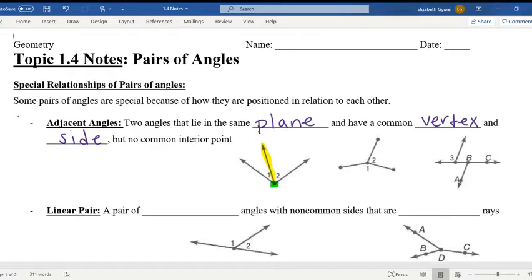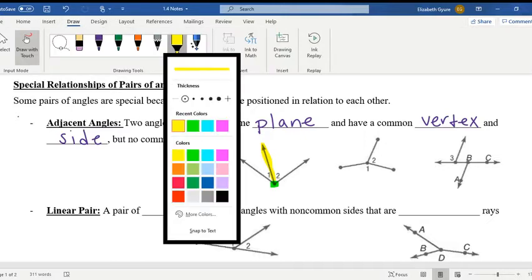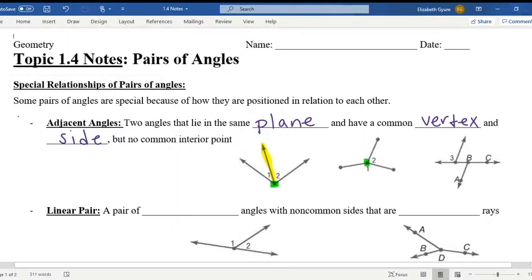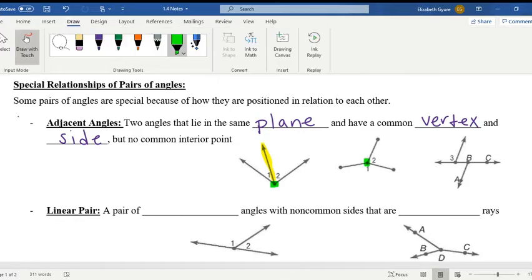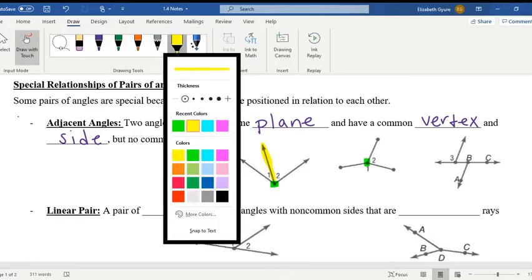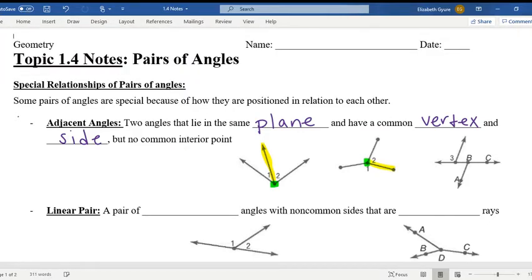They share that side and they share a vertex, that makes them adjacent. If you look at this second one here, this is also technically a pair of adjacent angles, angles 1 and 2. Again, they have that common vertex here, that's this point, and then they share a side, which would be this little segment right there.